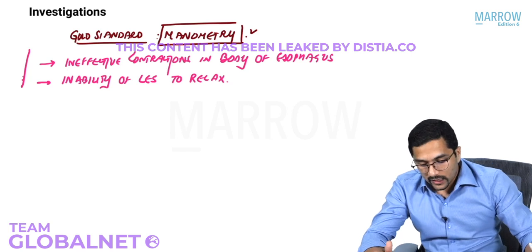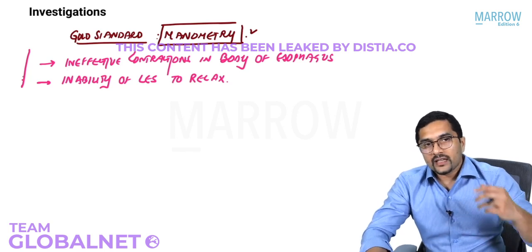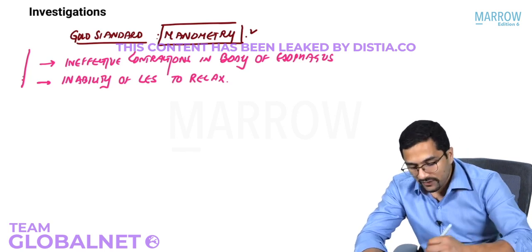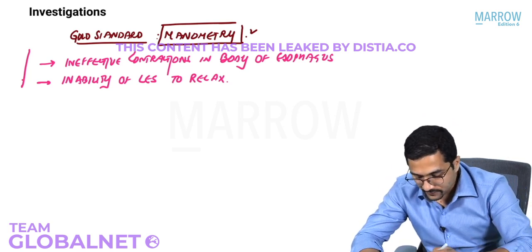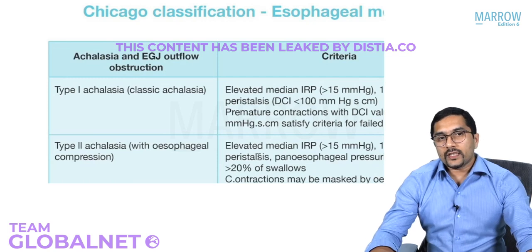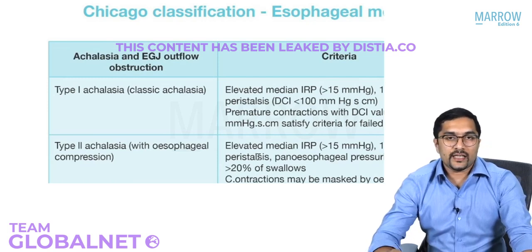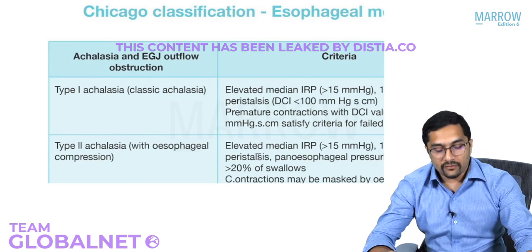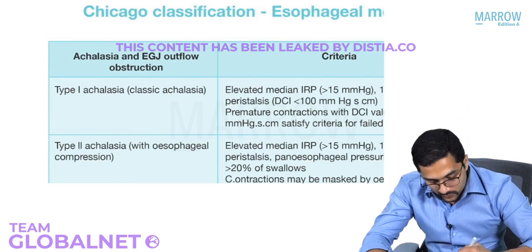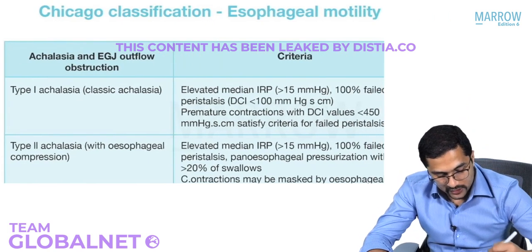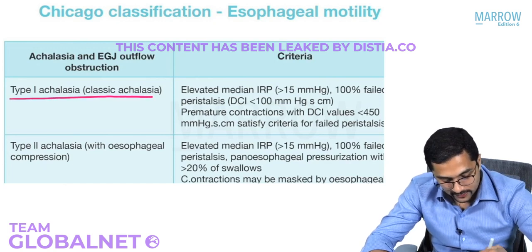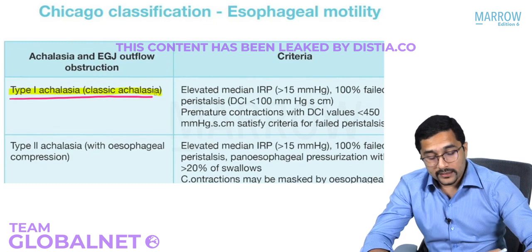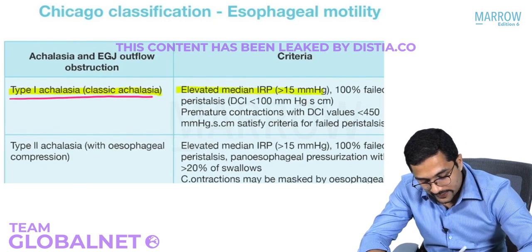But according to the Chicago 3.0 classification, there are 3 types of achalasias, and we need to know the manometric findings in them. Type 1 is classic achalasia, and in type 1 there is elevated integrated relaxation pressure.